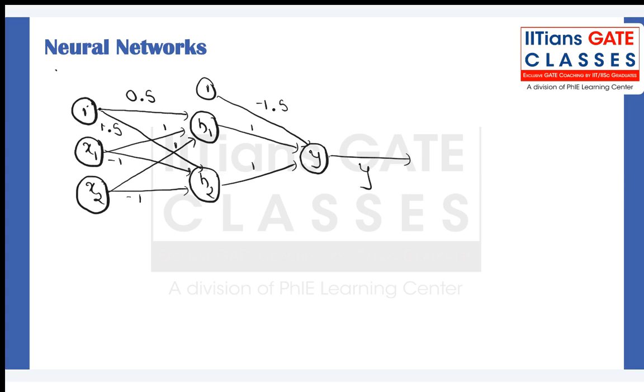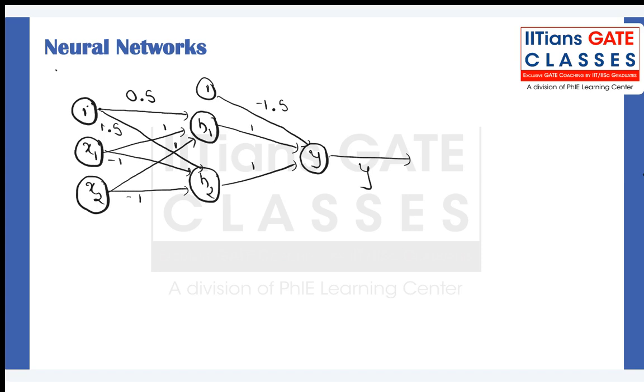So how do you represent this in the form of a vector? Now my W1, so I have two weight vectors, right? Actually, not two, in total I have three weight vectors.